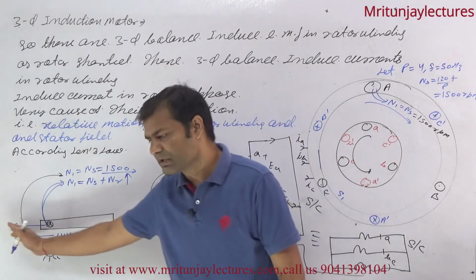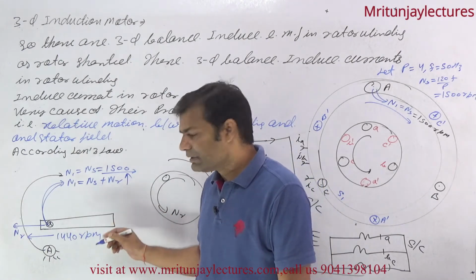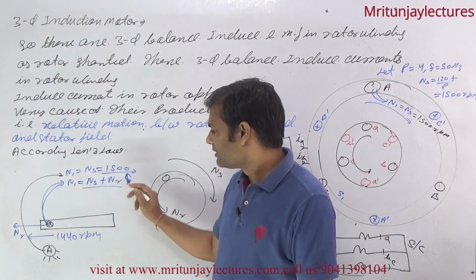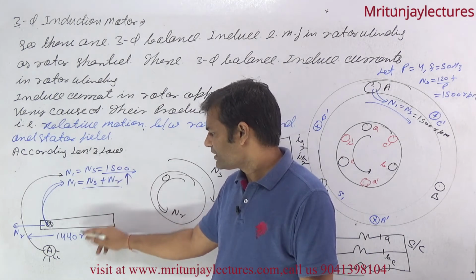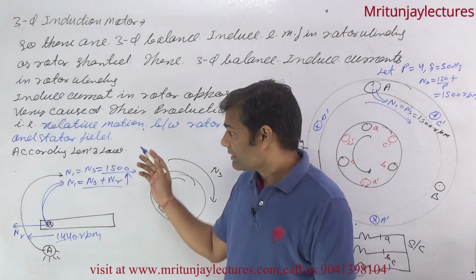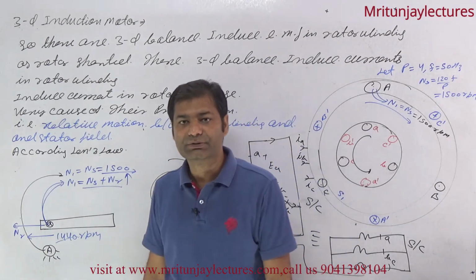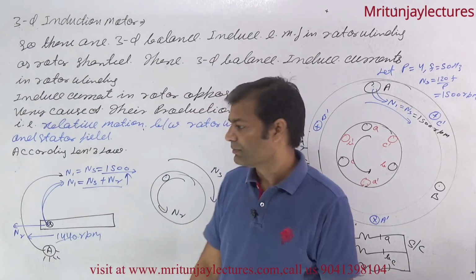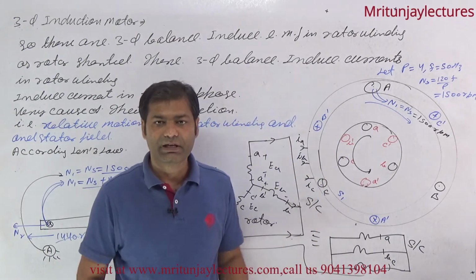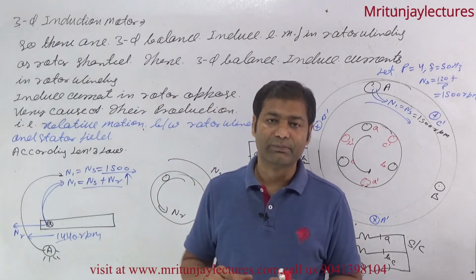If the rotor is rotating in the opposite direction of the stator field, then what about the relative speed? 1500 plus this speed, which means it increases. But according to Lenz law, this speed should be reduced, because if induced current is generated, the induced current opposes the relative motion.